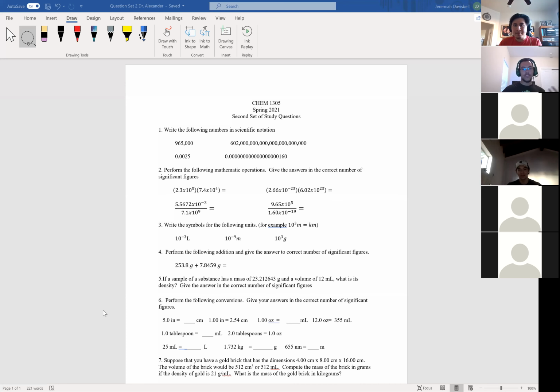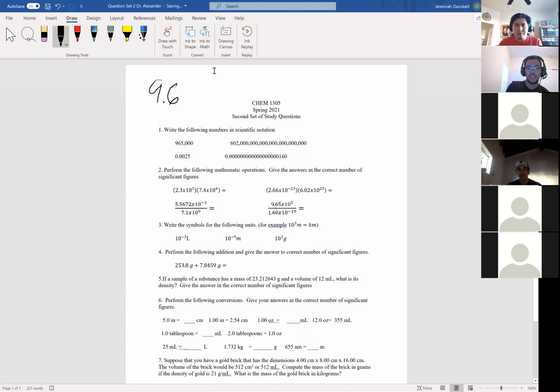So starting with the first one, the 965,000, how would we go about turning this into scientific notation? You move the decimal between the 9 and 6. Okay, so we put it between the 9 and 6. So it will be 9.6, right?